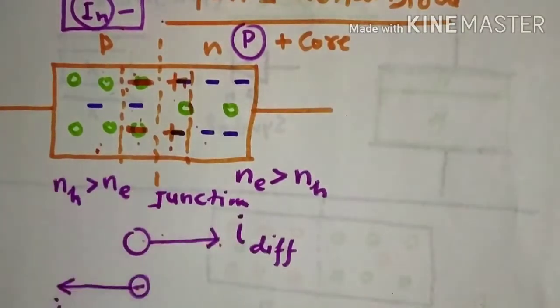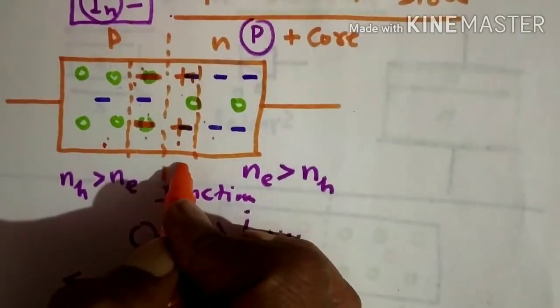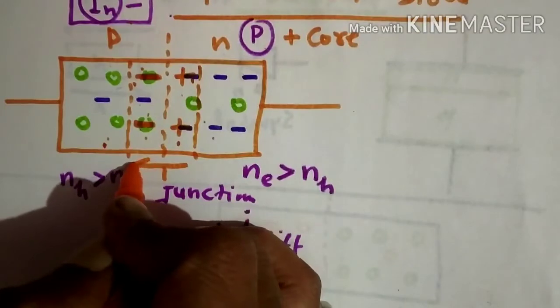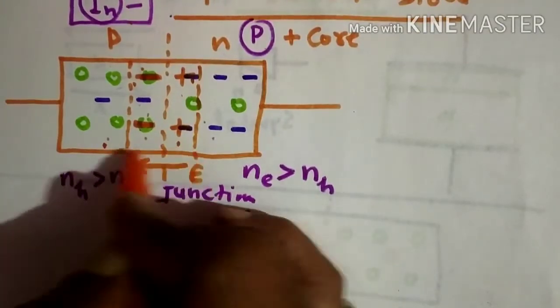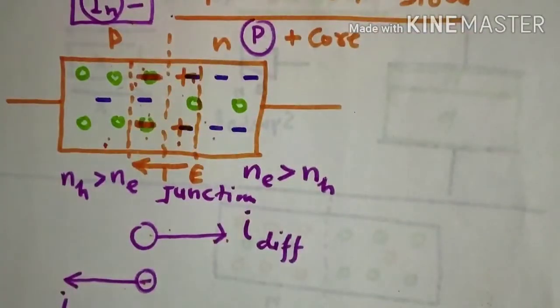Because of that, an electric field in this direction, from positive to negative, will be developed across the junction.